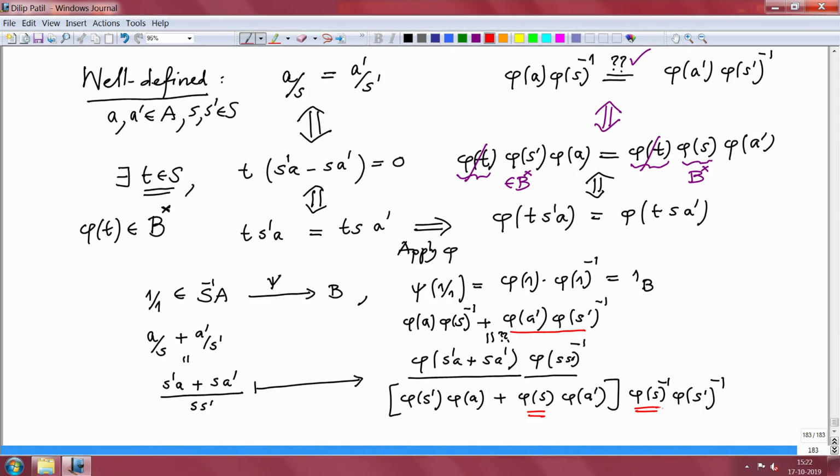Similarly, when I multiply this by this, this will get cancelled with this, and what remains is this one. So that checks addition. Multiplication is easier.